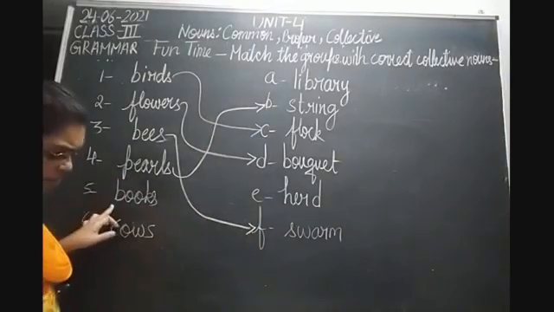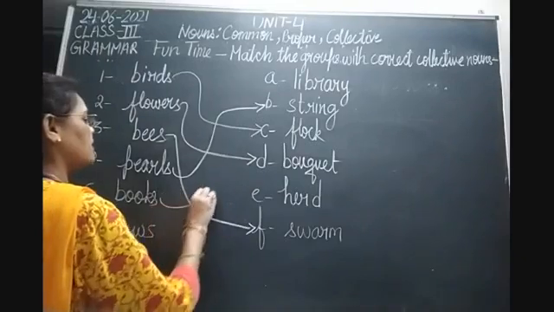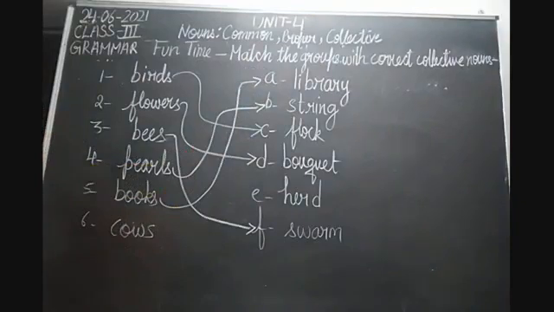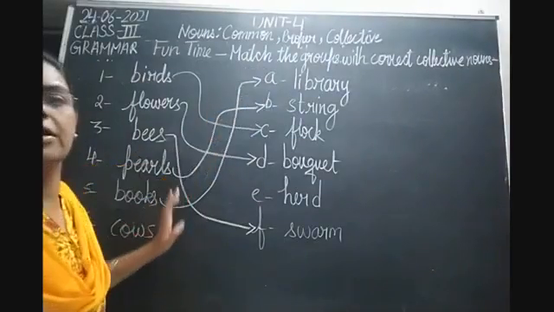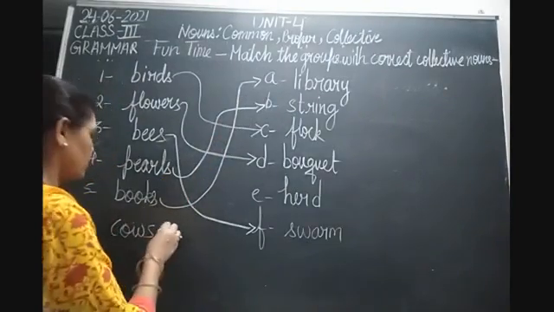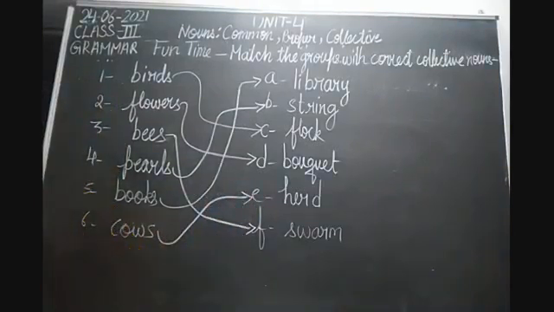Then books, match with A. Fifth, library. That is a library of books. And last is cows. So match the sixth one with E. That is a herd of cows.